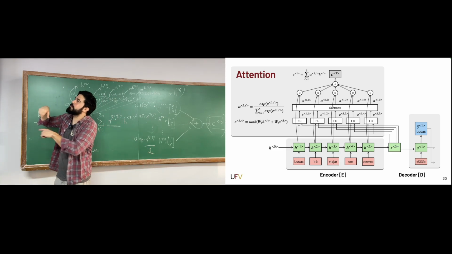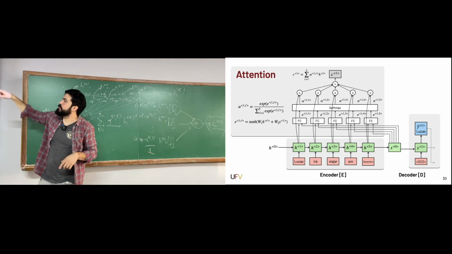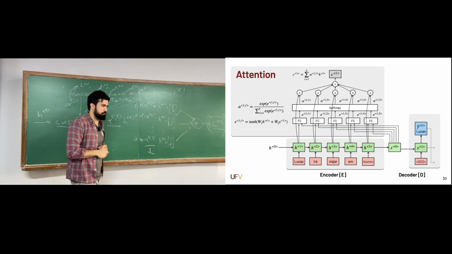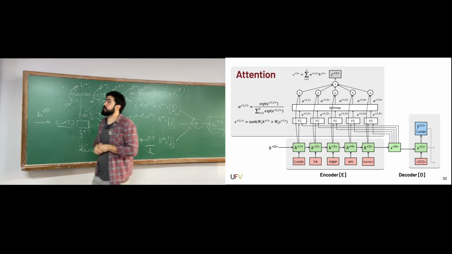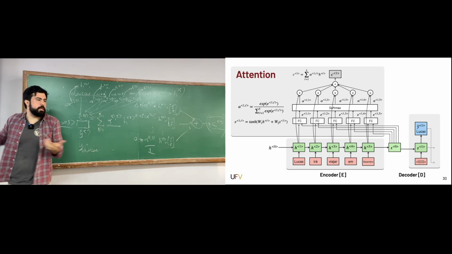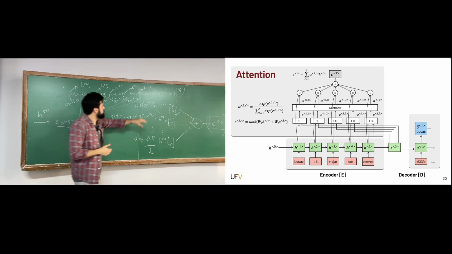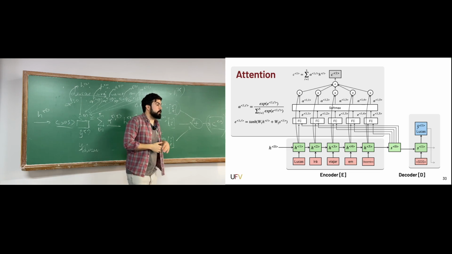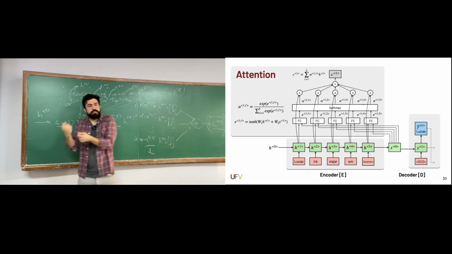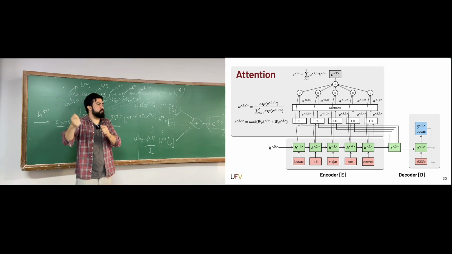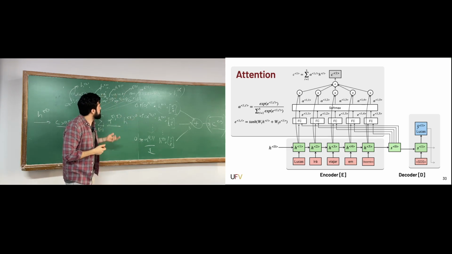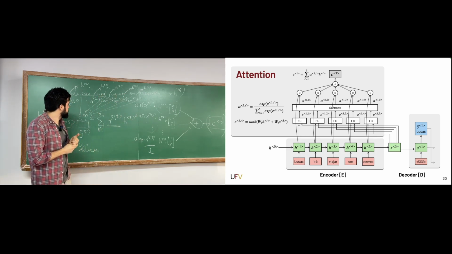Just the way you compute the alphas, the weights, is through this fully connected layer. Okay? So we let the model learn the weights for us, these alphas. As you train these models, the model will give more attention to different words depending on how the examples are created.